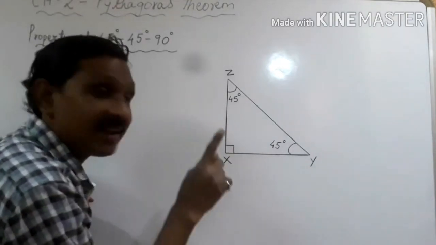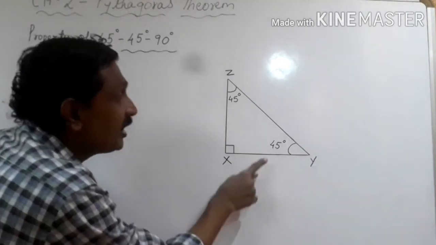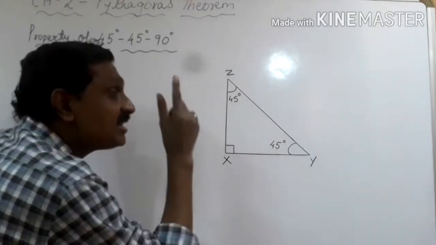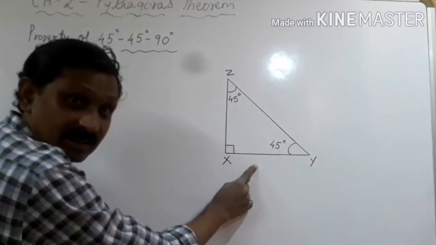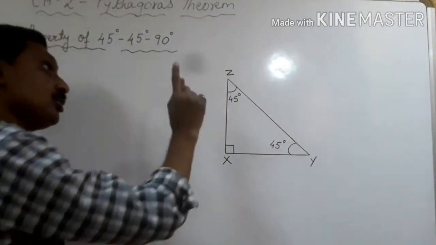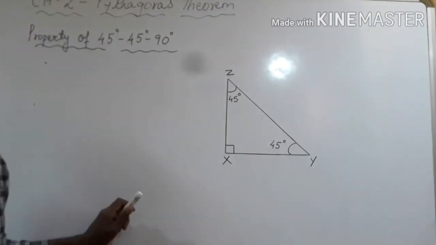So this is a right angle triangle, this is the hypotenuse, this is one perpendicular side, this is the other perpendicular side. One perpendicular side is 1 upon root 2 times the hypotenuse. This perpendicular side is also 1 upon root 2 times the hypotenuse.